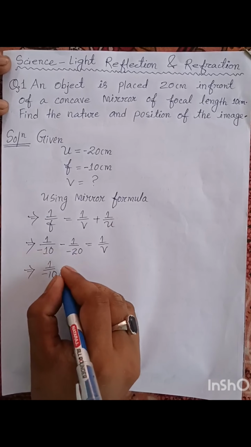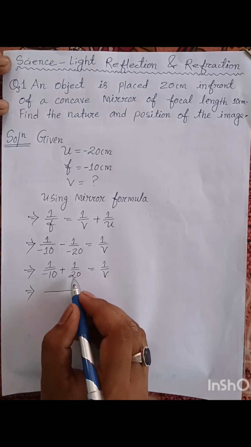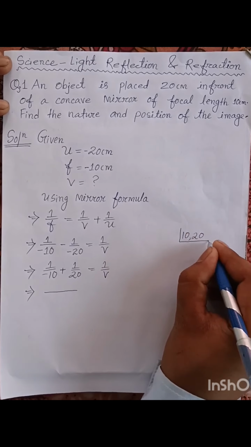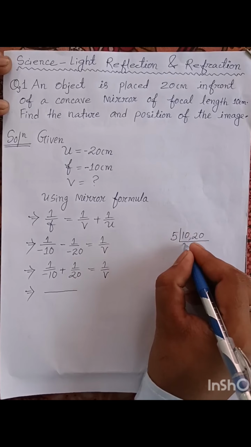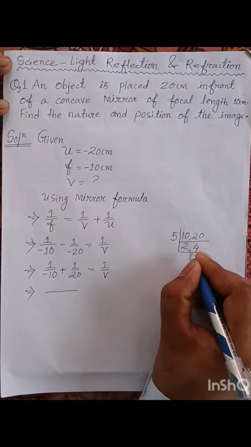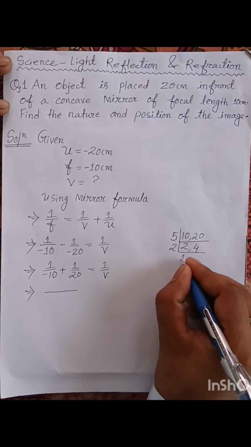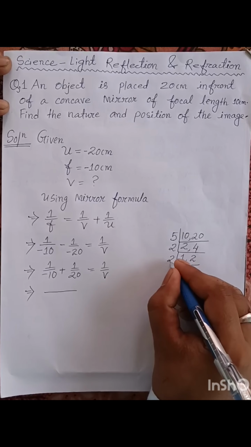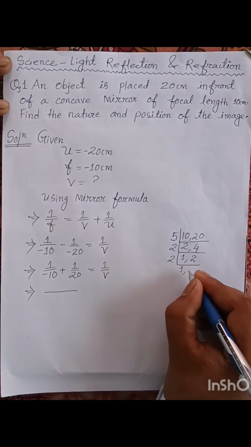Now you take the LCM of 10 and 20. 5 times 2 is 10, 5 times 4 is 20. 2 times 5 is 10, 10 times 2 is 20. So LCM is 20.